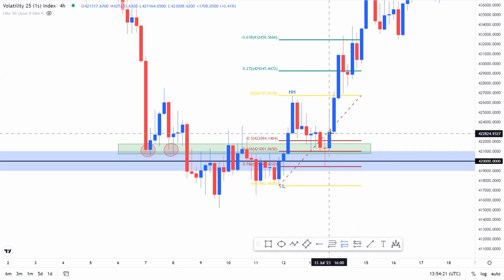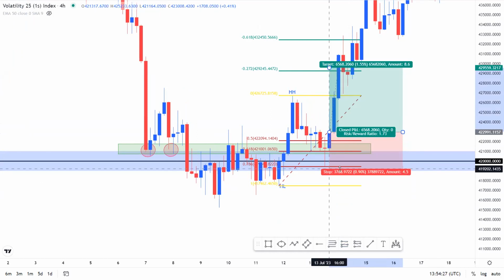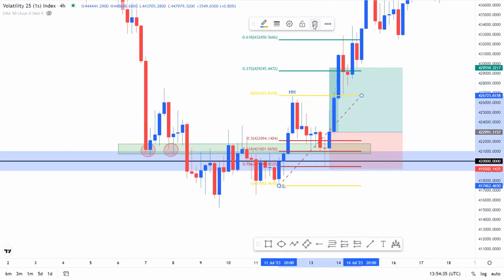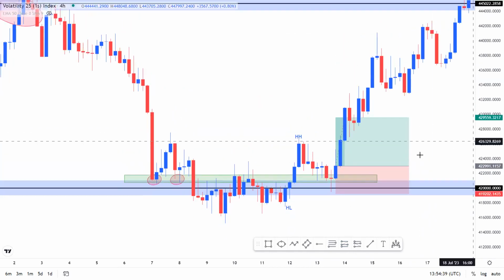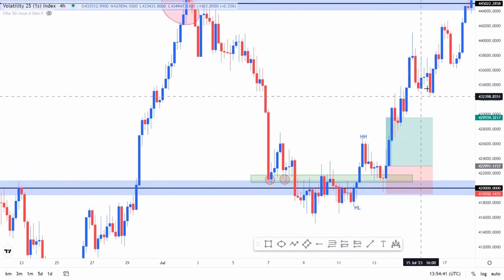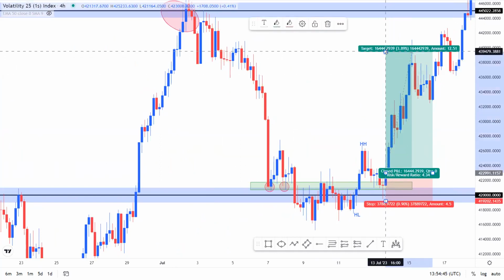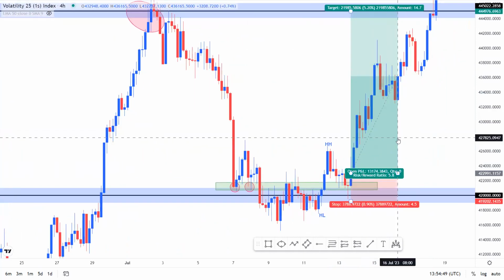As soon as we had the 4-hourly bullish engulfing candlestick, I had my entry signal for long. My stop loss just beneath the low of the 4-hourly rejection candlestick. Then, just like I had identified from the daily time frame, my take profit target was the neckline of the daily head and shoulder pattern.